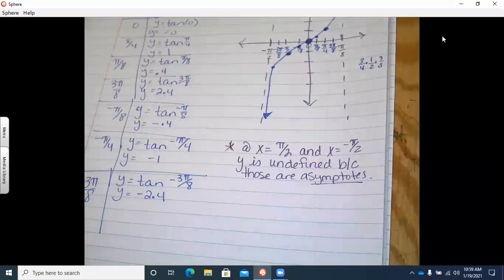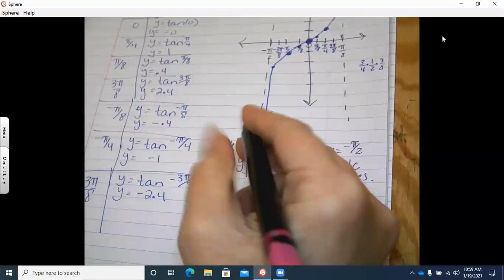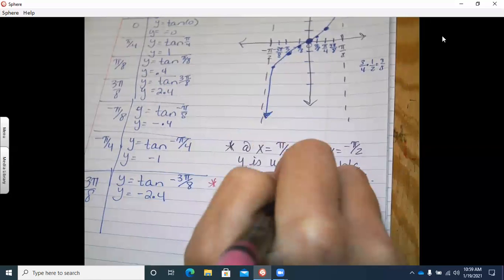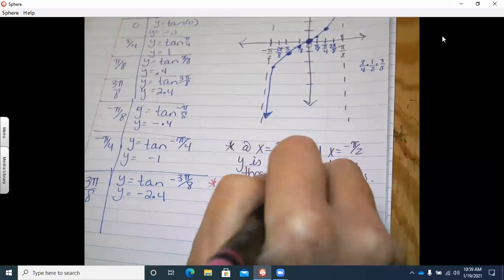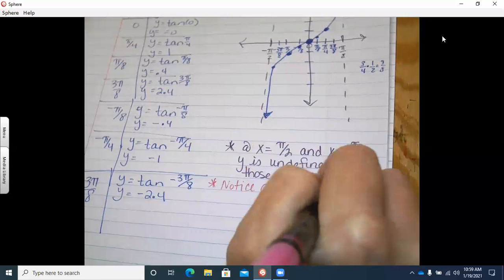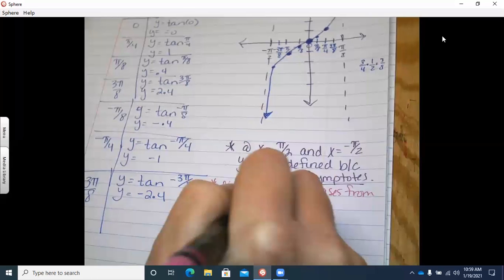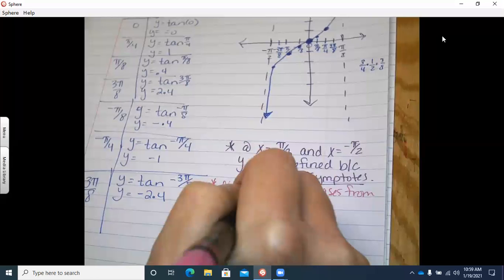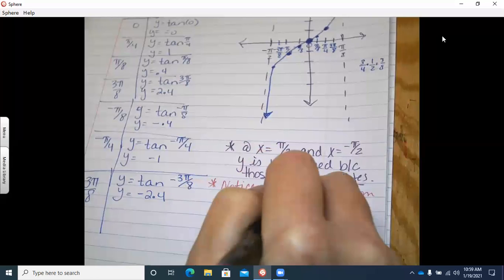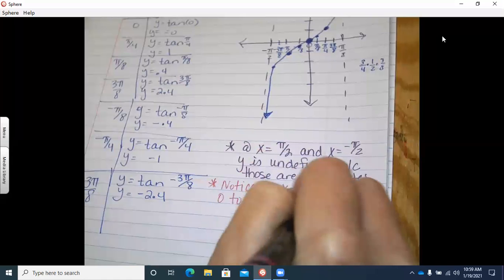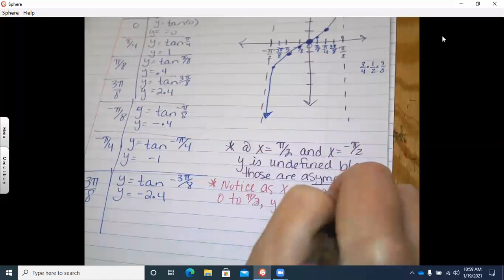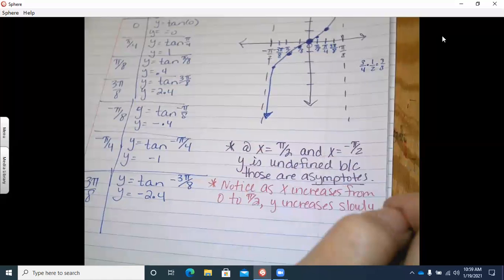Also, notice as x increases from 0 to pi halves, y increases slowly, then more rapidly.